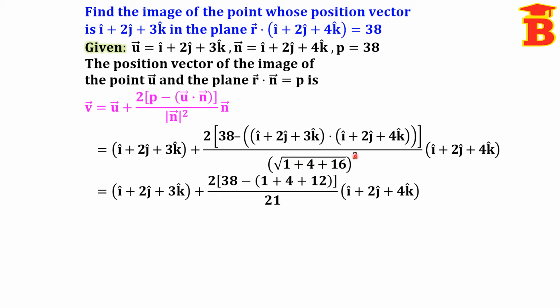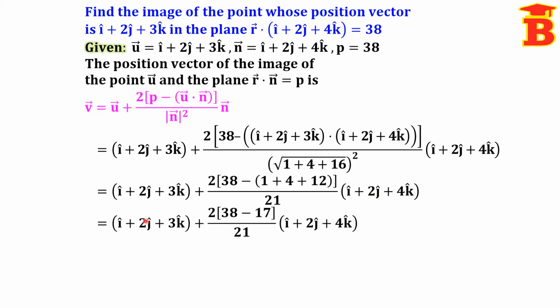That means we can cancel this square and square root. So just add this number and write it, that is 21 into i plus 2j plus 4k. So this is equal to i plus 2j plus 3k plus 2 into 38 minus this is 17 whole divided by 21 into i plus 2j plus 4k.